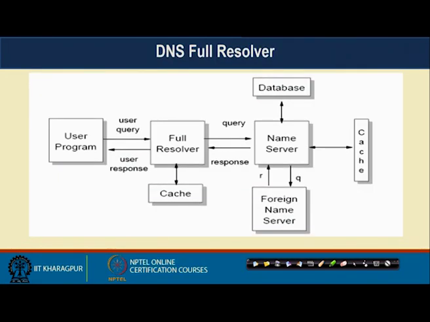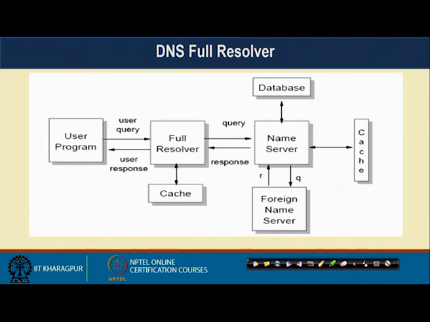Now, if I want to resolve a particular name, look at it from the resolver point of view. The user program sends a user query to the full resolver. It in turn sends it to the name server, gets the response, and in turn gives the user the response, right.